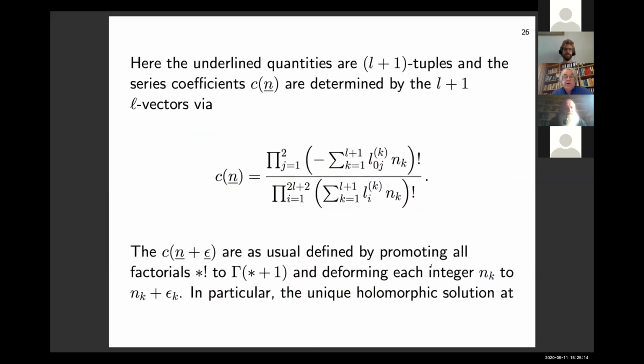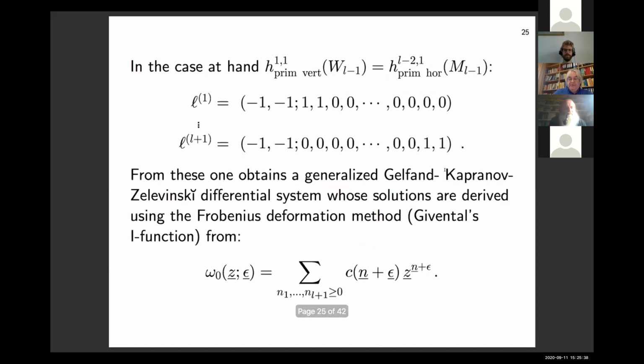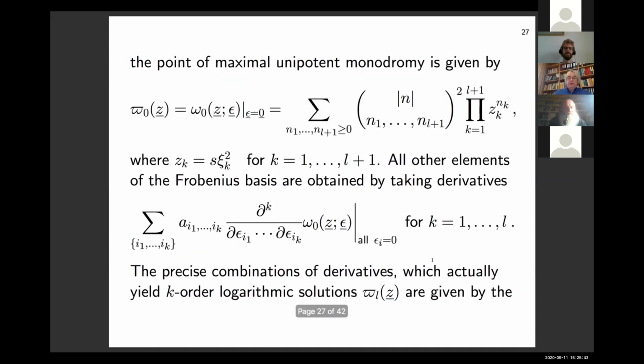So basically, you realize that these Mori cone generators give you certain factorials, because this is a generalized hypergeometric function. So you see something like Pochhammer symbols, and they are given here. And then the epsilon deformation is done as usual. You just promote all the factorials to gamma functions, and you deform all the integers n to n+epsilon, and therefore you get this also like here. And then you can immediately get all solutions by just taking derivatives with respect to epsilon.